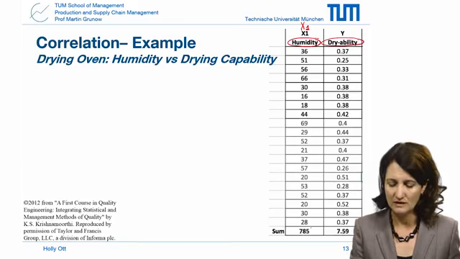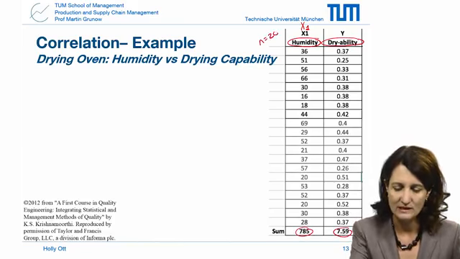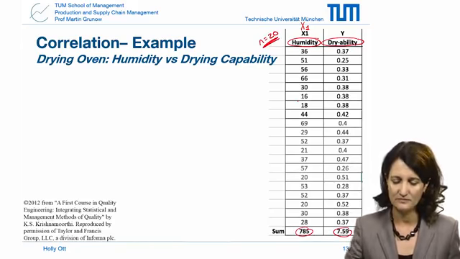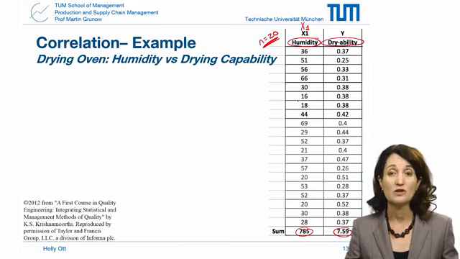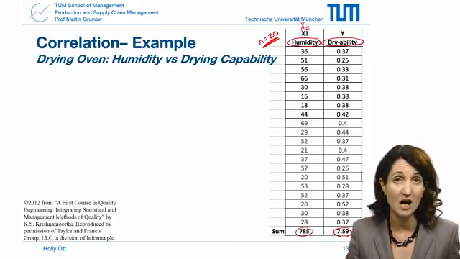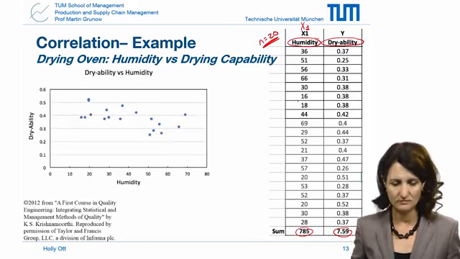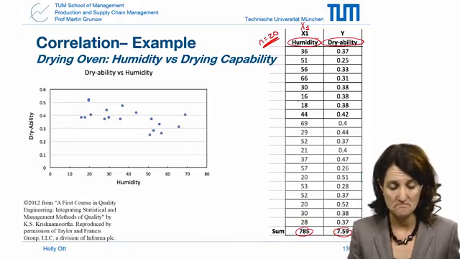There are N equals 20 different values here that were measured. They wanted to see how the humidity affects the drying capability of this oven. They had this dryability index that they were using. So you look at the data.